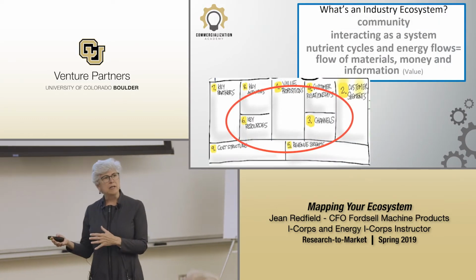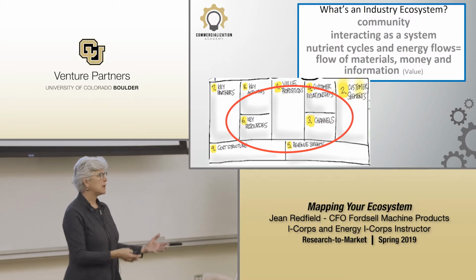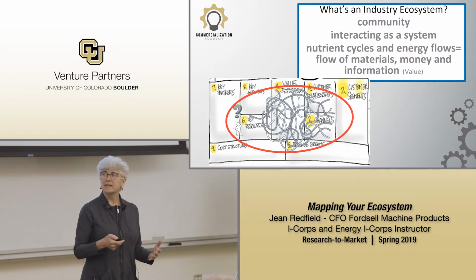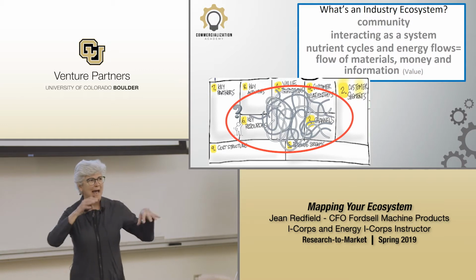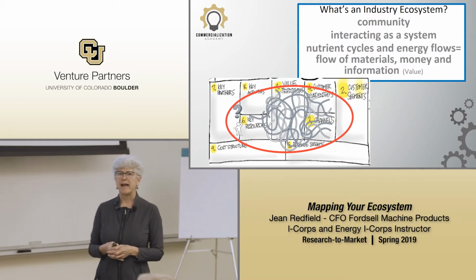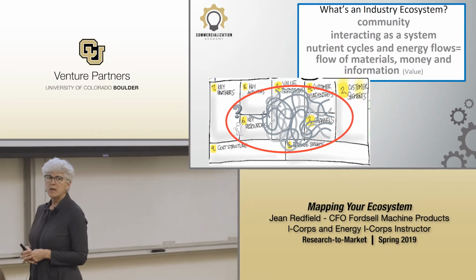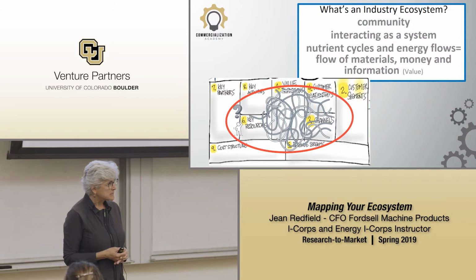And the industry ecosystem is really just a mapping tool, if you will, to help support the BMC work. It's the map that describes the mess in the middle of what you're learning about the various aspects of a business scalable in an industry. So it's not unrelated to the business model canvas.